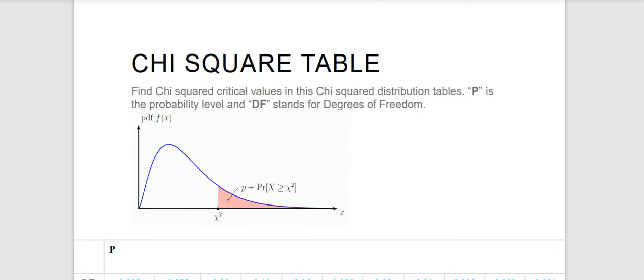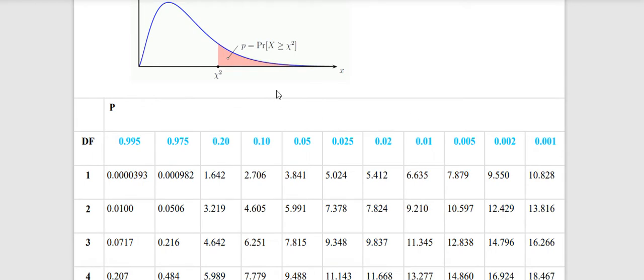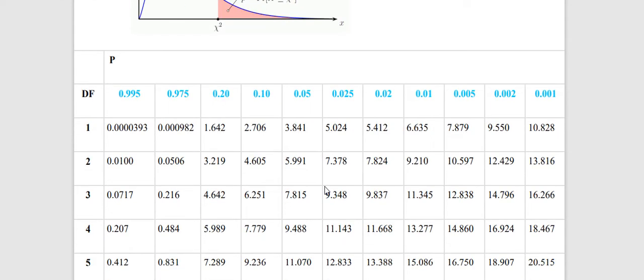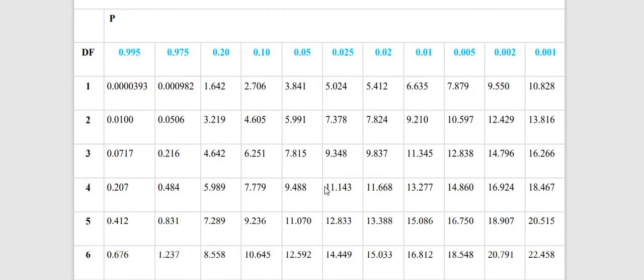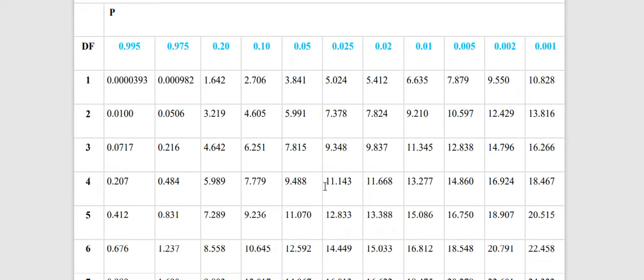This is the cut point, and this is the probability. Now we check the degrees of freedom, which is 6.